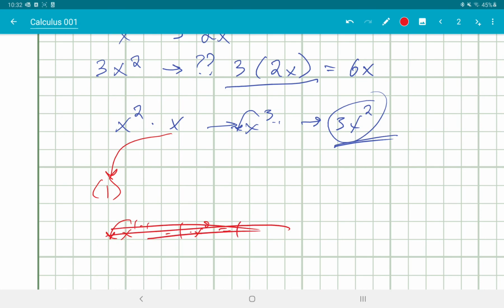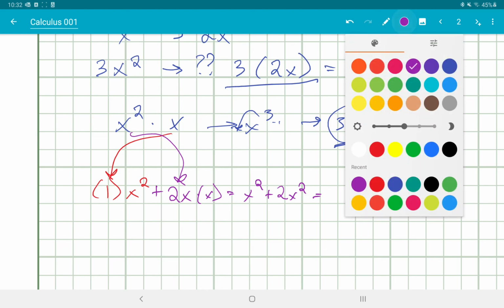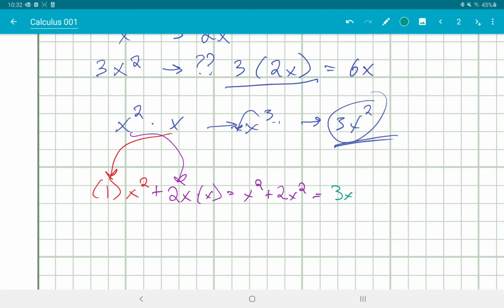So that's 1, and you times the x squared, and then you add this one, derive this one, 2x, just like before, and that's going to be times x. So of course you get x squared plus 2x squared, which is, just like you might think, 3x squared.